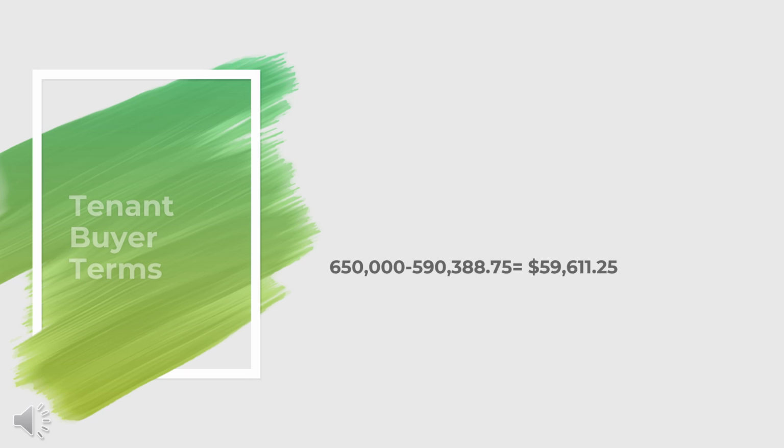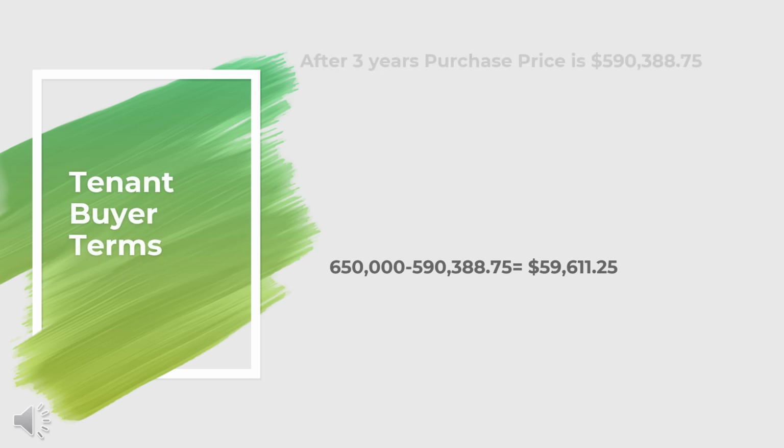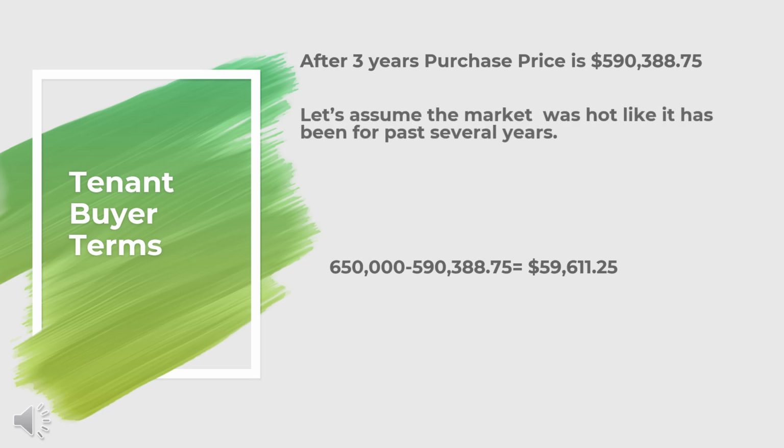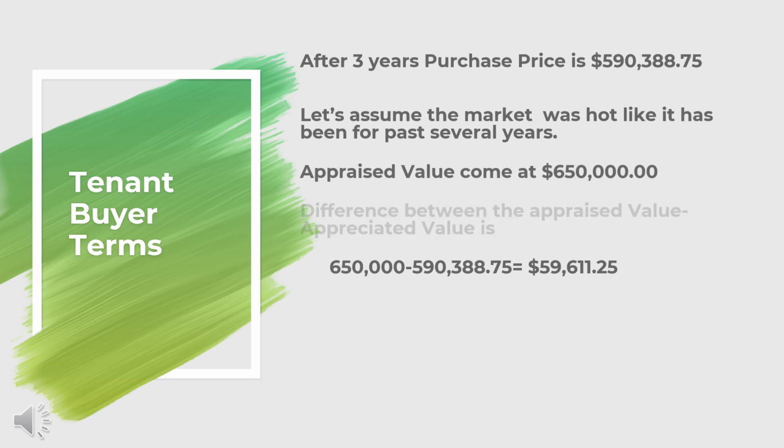So as per the option agreement, after 3 years, the purchase price is going to be $590,388.75. And let's assume, for example, for a hot market like it has been for the past several years, the appraisal price comes to $650,000. Then as per the agreement, the difference between the appraised value and the appreciated value will be $650,000 minus $590,388.75.